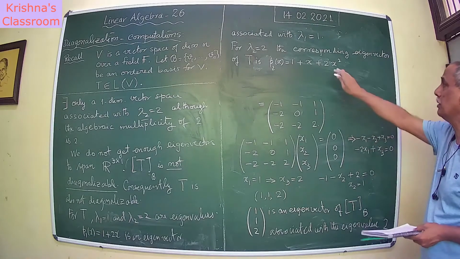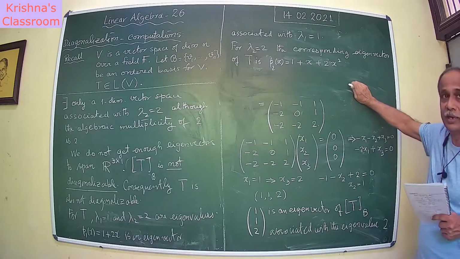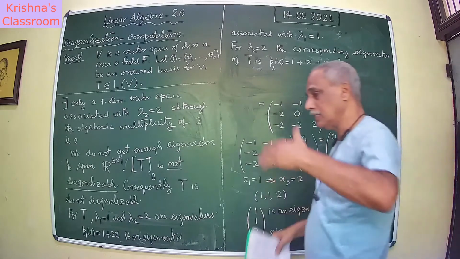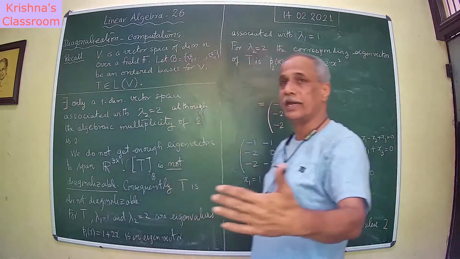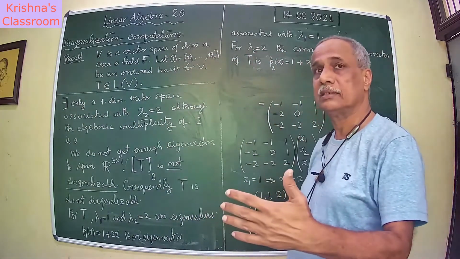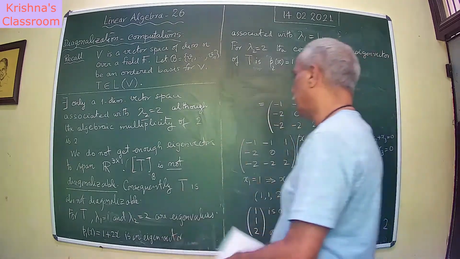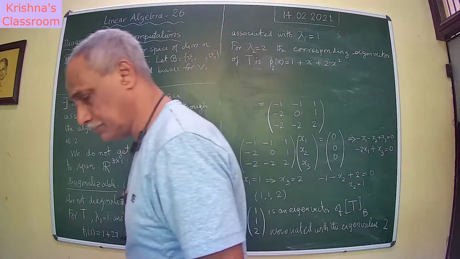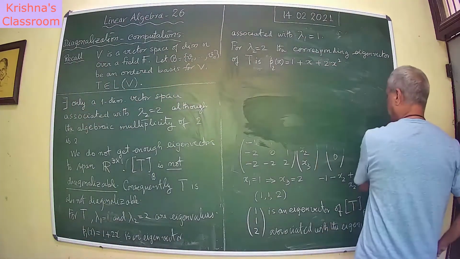Now the dimension of the corresponding eigenspace is equal to 1. Okay? The dimension of the eigenspace corresponding to lambda 1 is 1. The dimension of the eigenspace associated with the eigenvalue 2 is also equal to 1. So this is the scenario that you have. Okay?